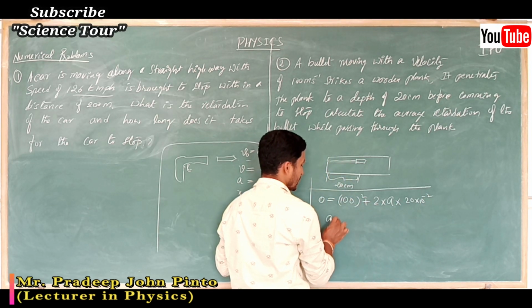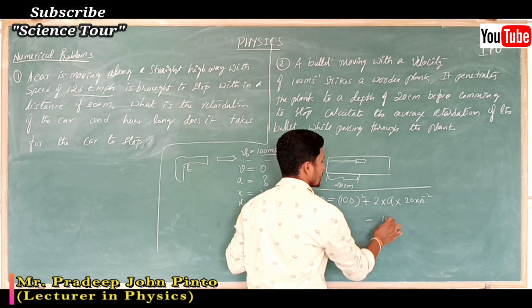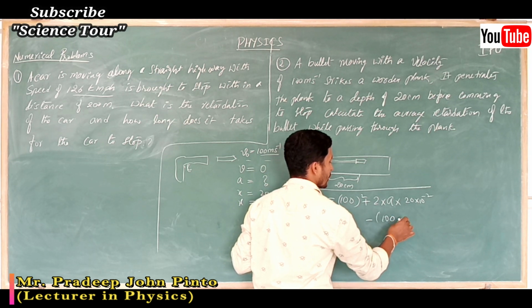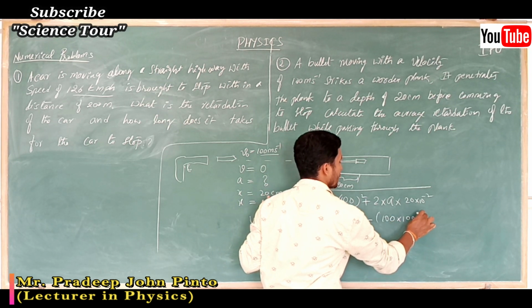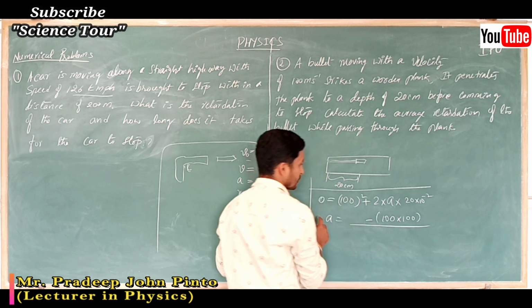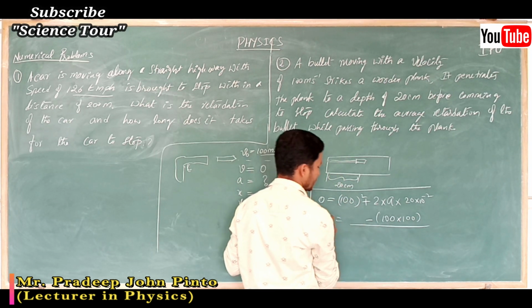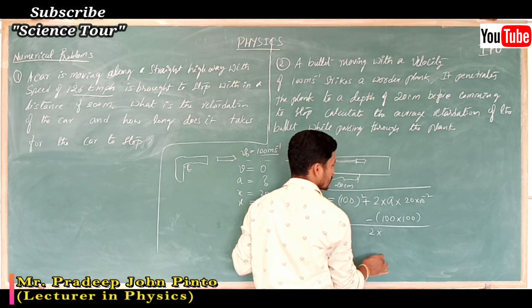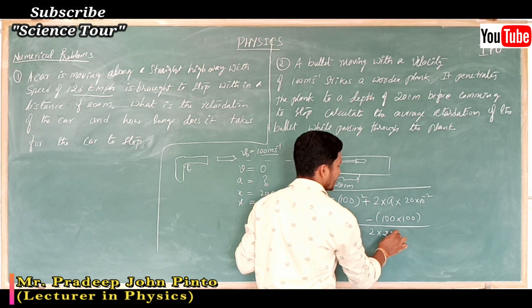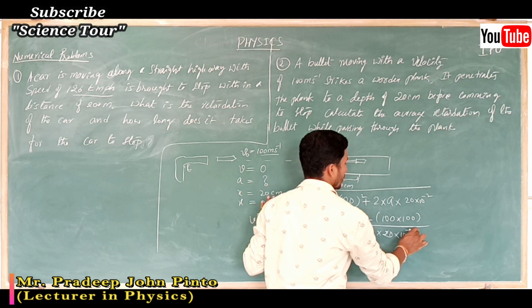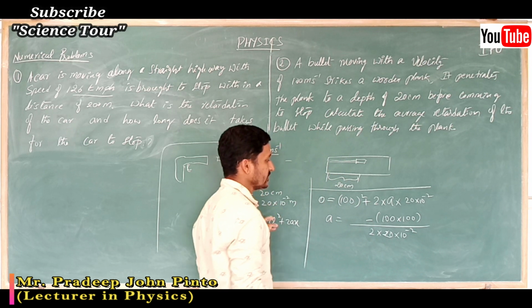Now if you bring 100 square here, it becomes minus 100 whole square. I will write 100 into 100 divided by 2ax, which goes to the denominator, that is 2 into 20 into 10 to the power minus 2, right?